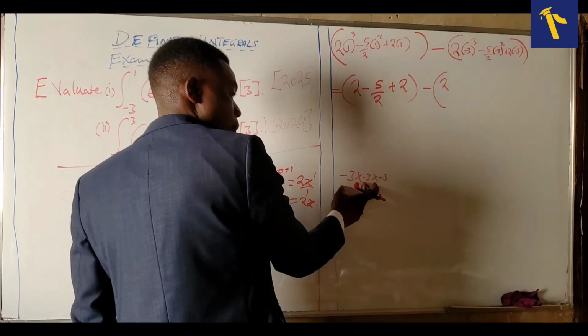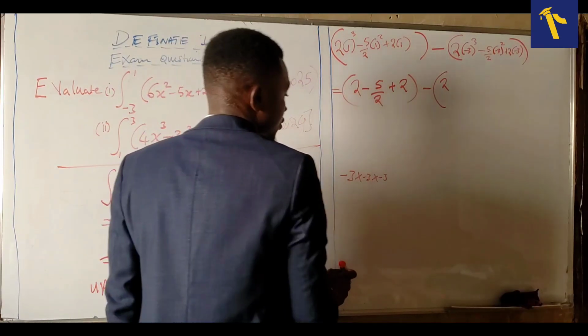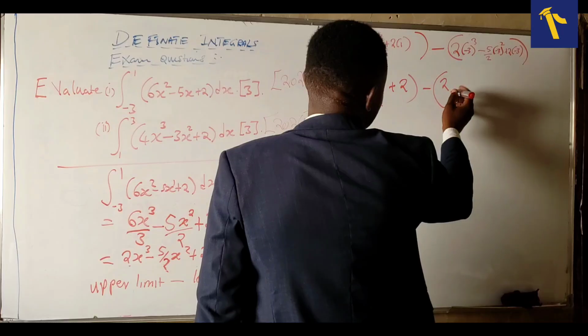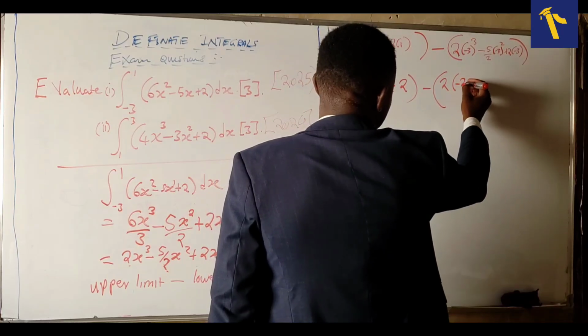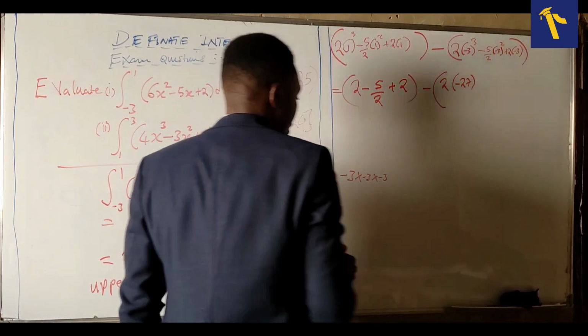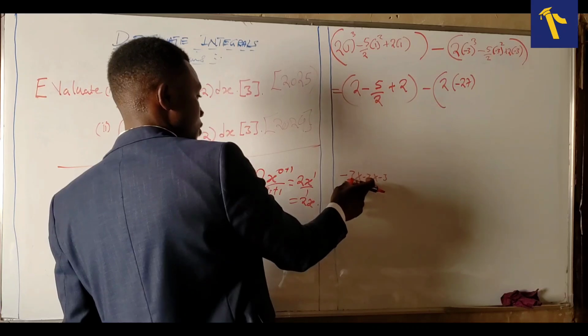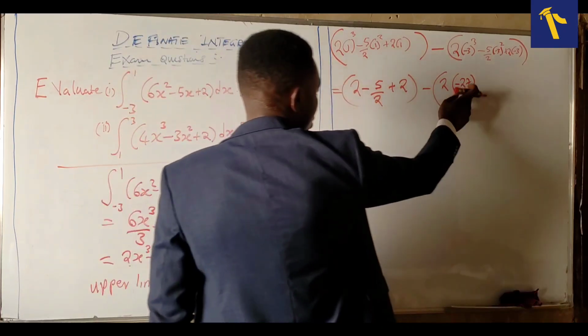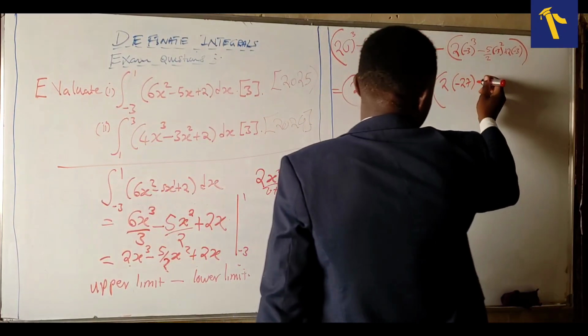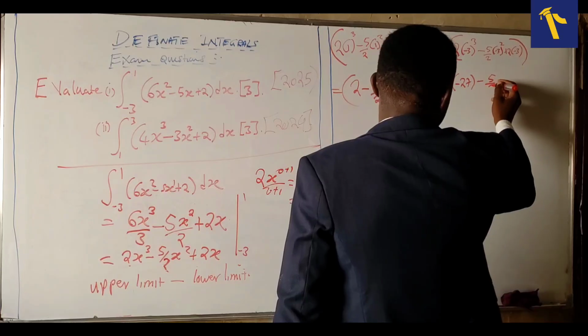Negative times negative is positive, multiplied by negative, that is a negative. So I'm going to have negative 27. Why? Because 3 times 3 is 9, by 3 is 27. Great. Minus 5 over 2.